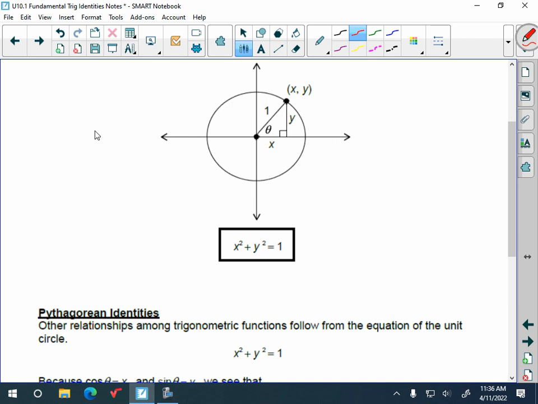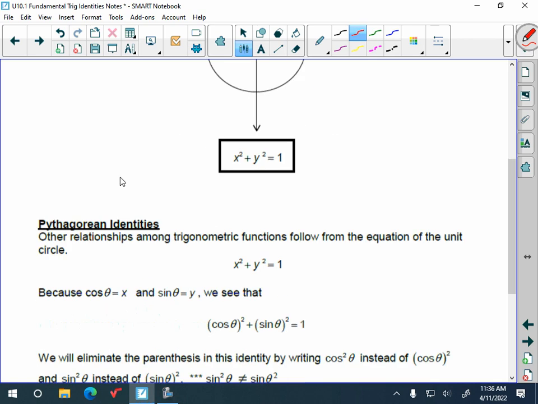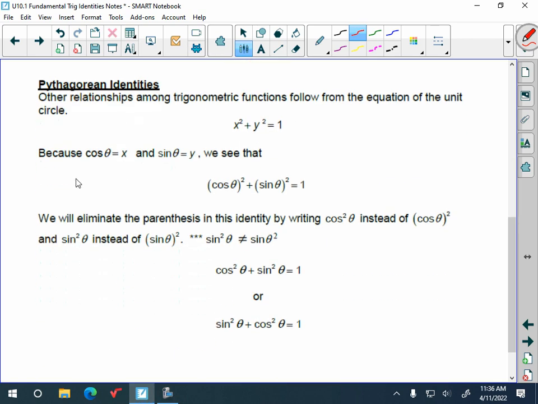Now, if we take this Pythagorean theorem and we replace x with its trig equivalent, cosine theta, and we replace y with its equivalent, sine theta, then we get what's called the Pythagorean identity.